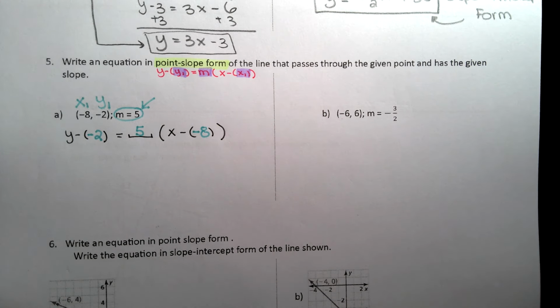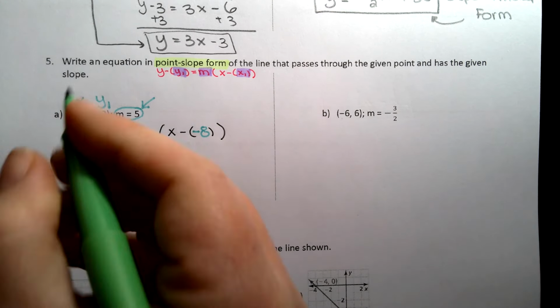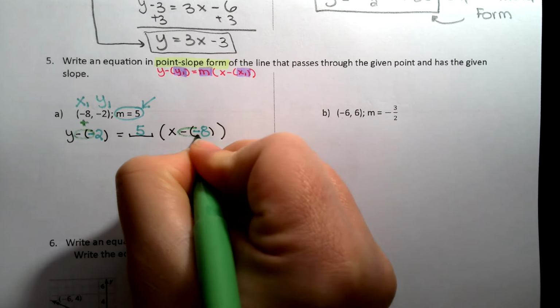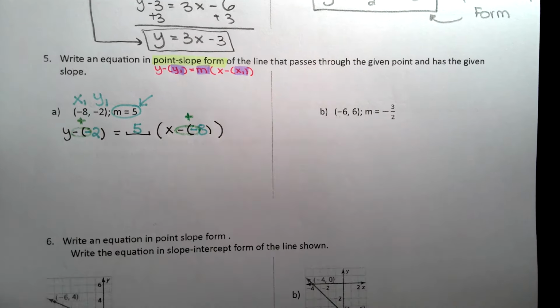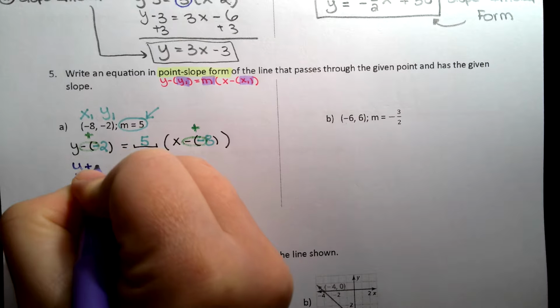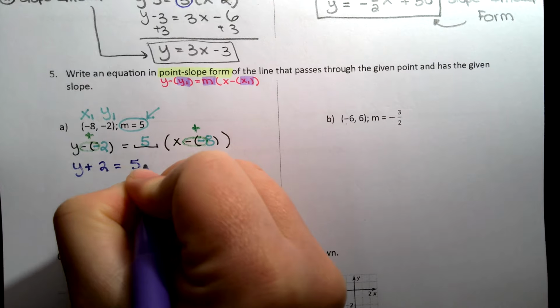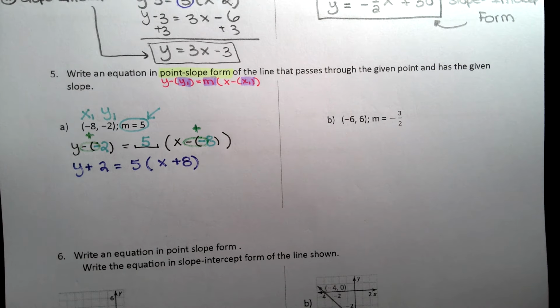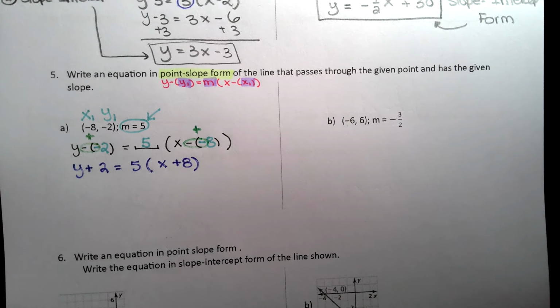Anytime we have double negatives, we need to remove those double negatives. So we have adding here, adding here. So we're left with y plus 2 is equal to 5, open x plus 8. Now, this is where you need to ask yourself a question. What do they want?